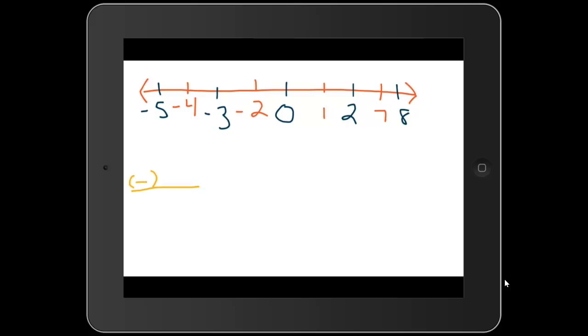Let's see if I can finish this here problem. So -5 minus 1 is going to equal a -6. So it's going to be another negative sign right there.